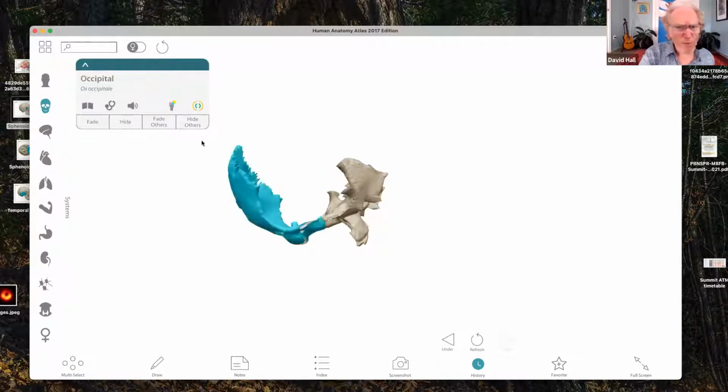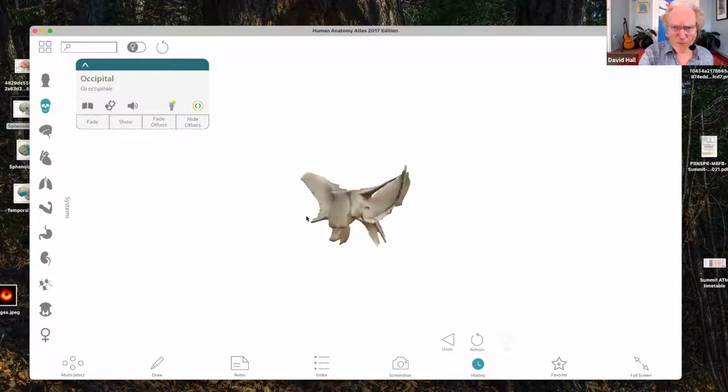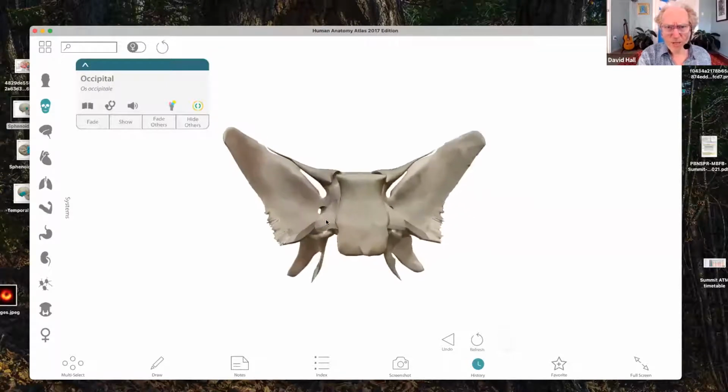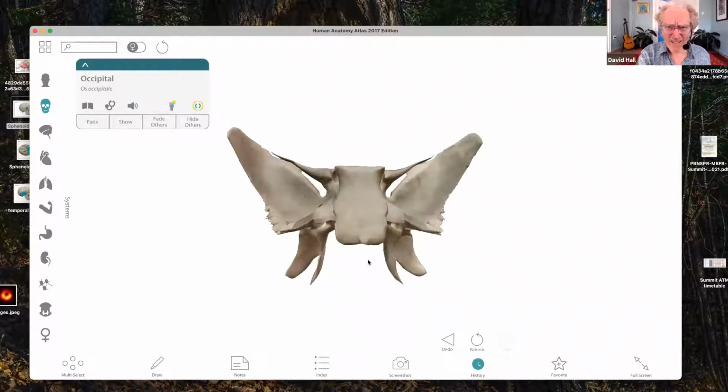And maybe I'll remove that. We can see the actual shape of this bone. Isn't that amazing?